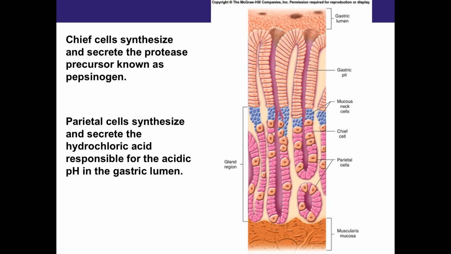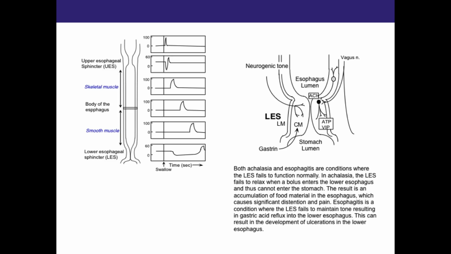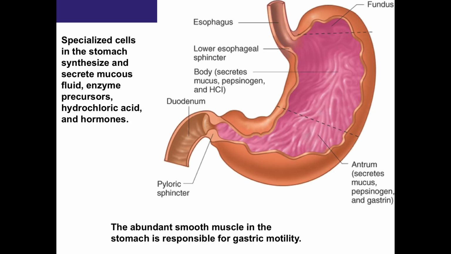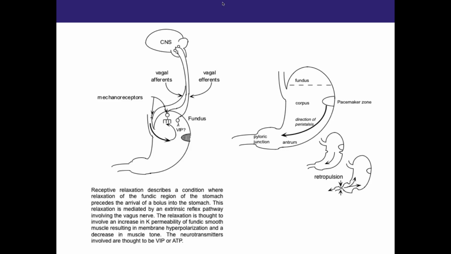Okay, so with the stomach, the upper part is called the fundus. And food actually enters into the stomach after it moves past the lower esophageal sphincter. There's something called receptive relaxation. Receptive relaxation is when food starts to enter into the stomach, and you have these mechanoreceptors.